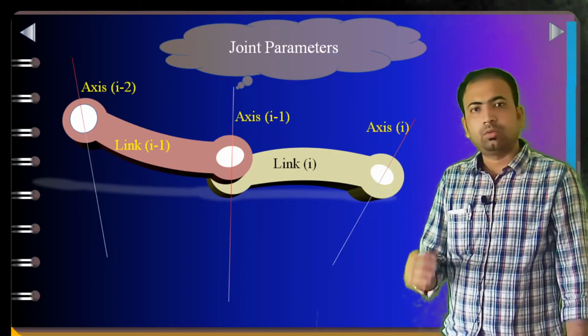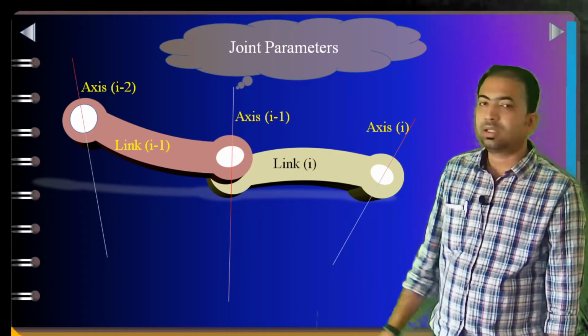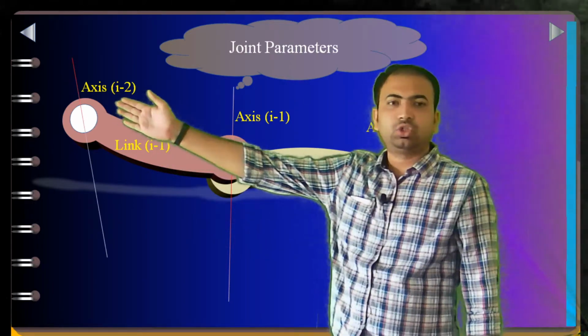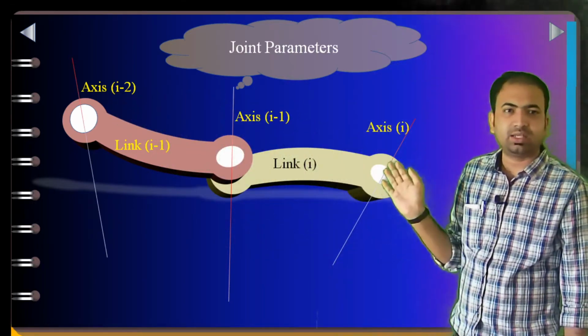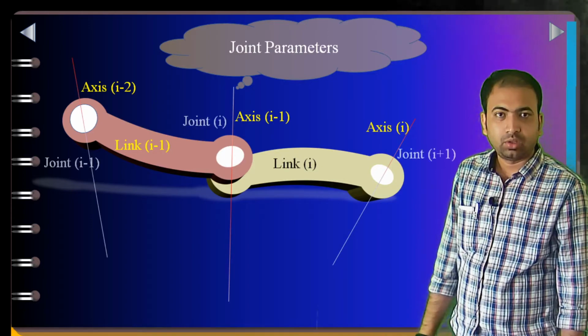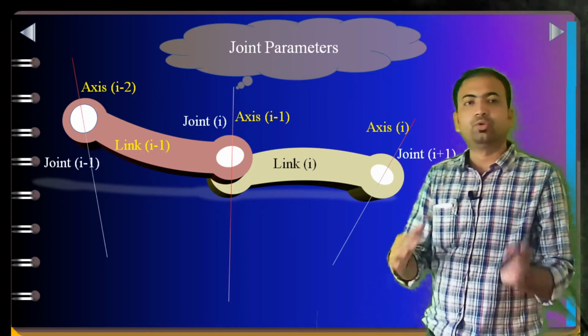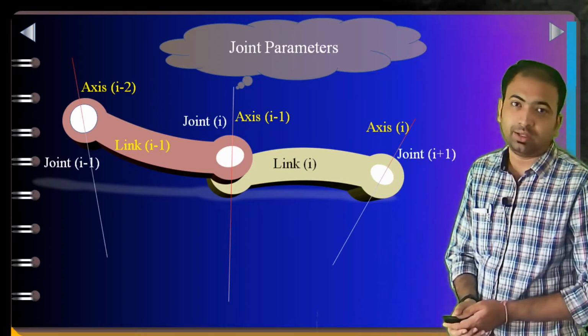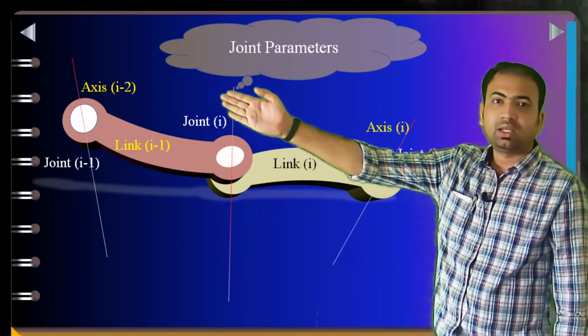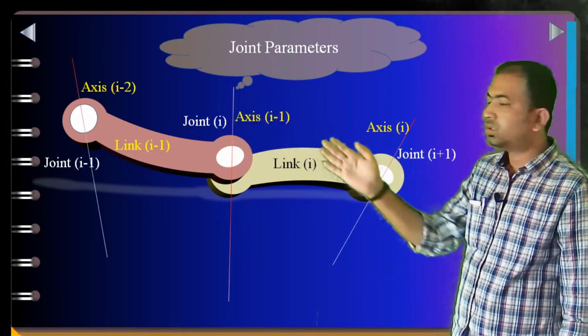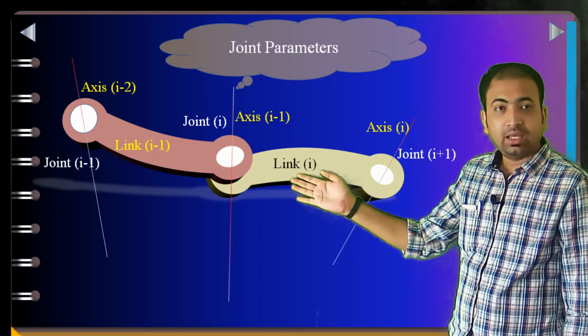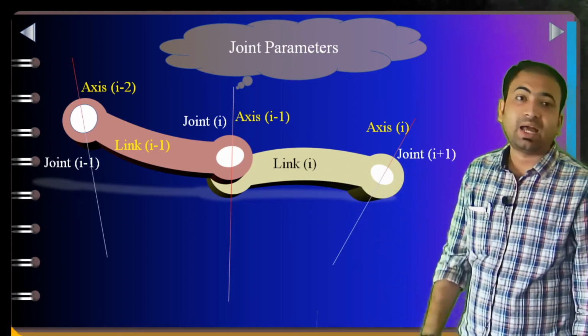So we have named them: this one is axis i minus 2, this is axis i minus 1, and this is axis i. We also have to give names to all the joints. As you can see, this is joint i minus 1, this one is joint i, and here we have got joint i plus 1.